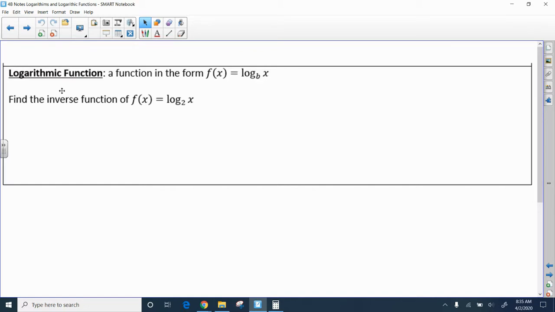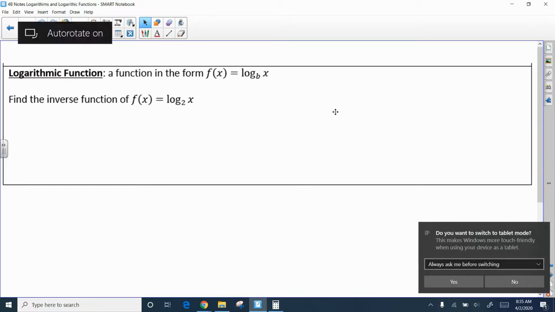So this is not the easiest type of function to graph by hand because it's not really easy to make a table of values. So we're going to do this in a little bit different way to see what the graph looks like. We're going to find the inverse function of f of x equals log base 2 of x.